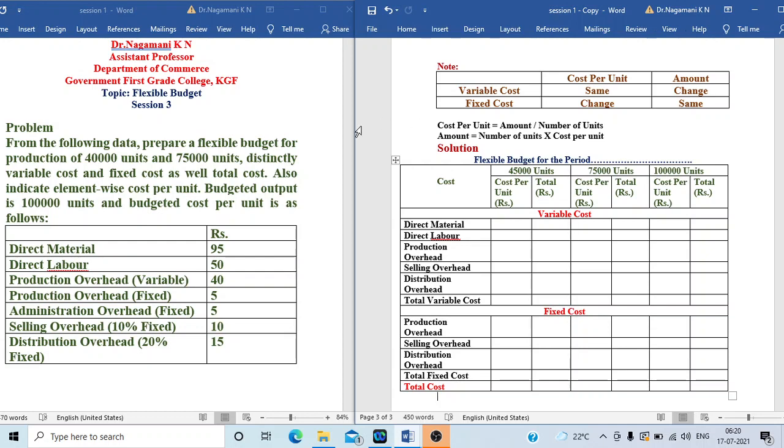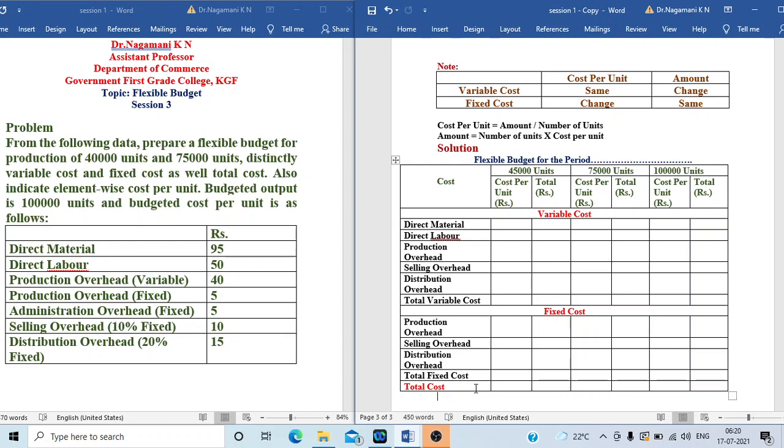See, in the problem they have asked us to prepare the flexible budget distinctly showing variable cost, fixed cost, as well as total cost. So here first whatever variable cost is there, first that we need to enter, and then the fixed costs, that we have to enter.